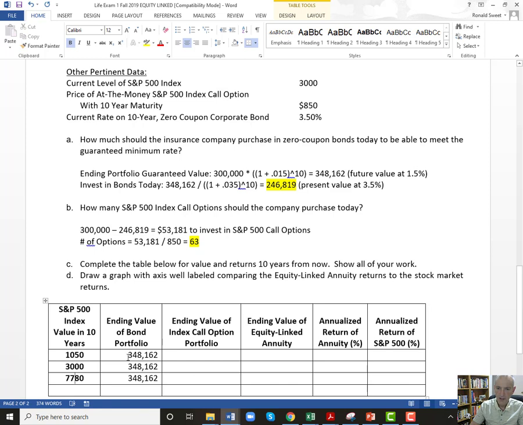So for the bond portfolio, it doesn't matter what the stock market's doing. The only risk here is that this thing goes insolvent. Now the ending value of the call option. So here's where we're going to do max of current price minus the strike and 0.